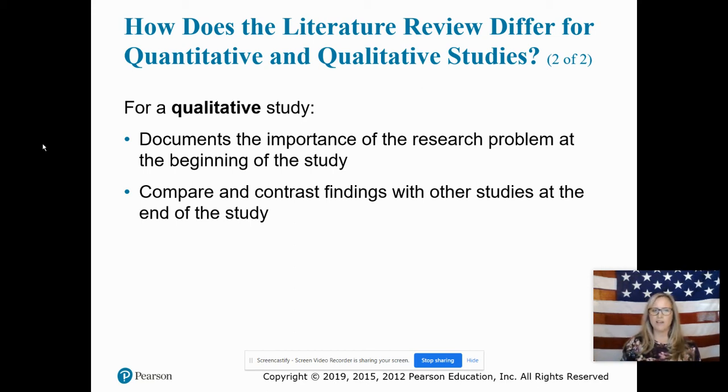It's mostly mentioned at the end of a study so that you can have an unbiased analysis, because there is more of your opinion, because you're not statistically doing different statistical analysis with a qualitative study. So you don't want to put your biased opinion in the beginning. You're going to just touch on it in the beginning. You'll do your study, and then you'll have more of your literature review towards the end with a qualitative study.